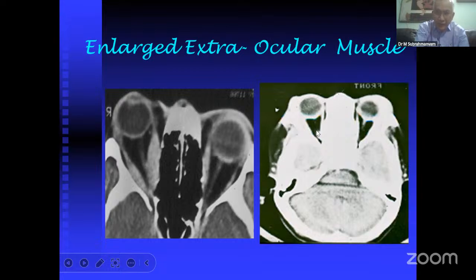Orbital fat may be enhanced on contrast, as you see in this case. Single lateral rectus muscle enlargement can occur in idiopathic orbital inflammatory syndrome, and it could be unilateral or bilateral, just like thyroid eye disease.